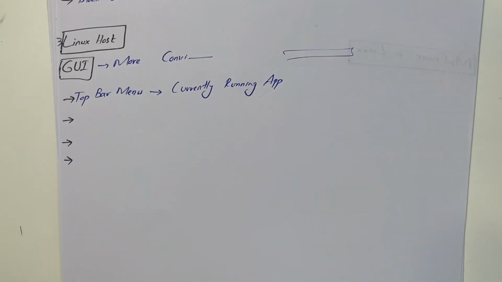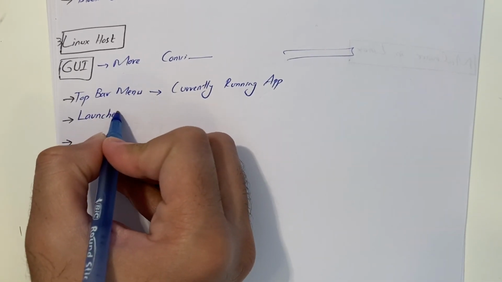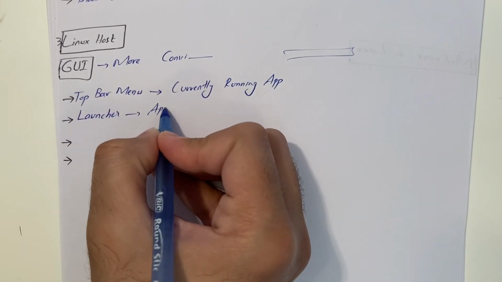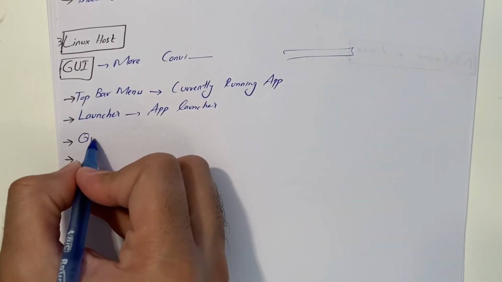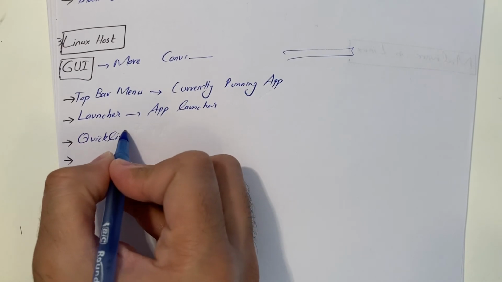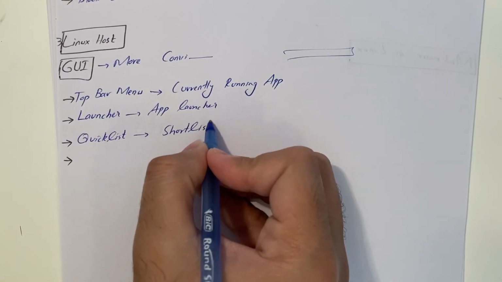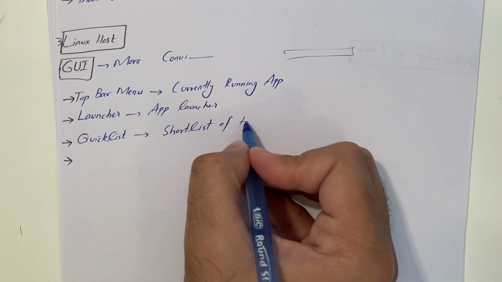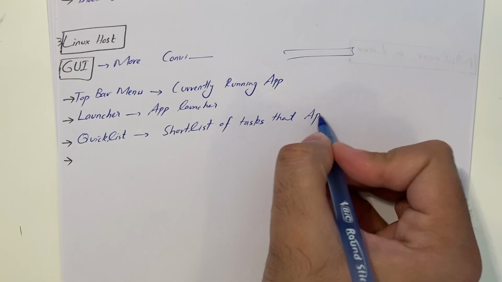Other than that, there's a launcher, which is basically the application launcher. Then there is a quick list. What is a quick list? It's a short list of tasks that applications can perform.